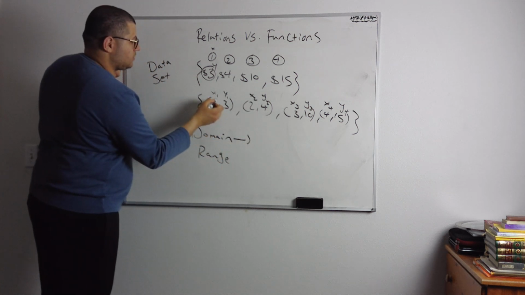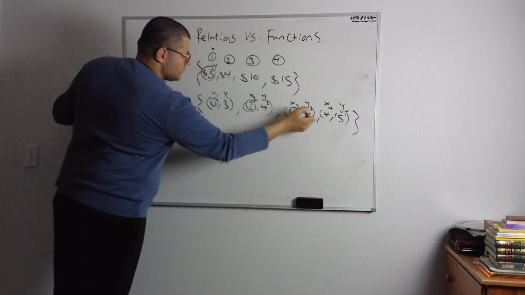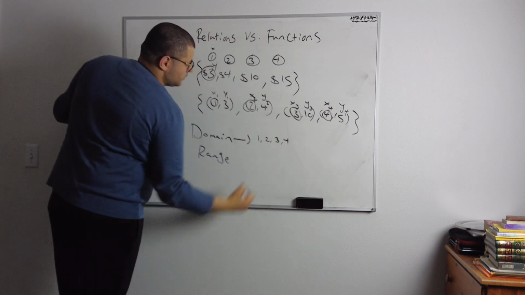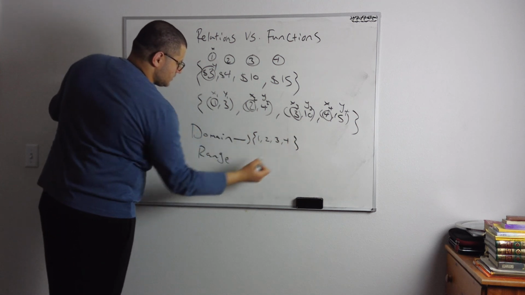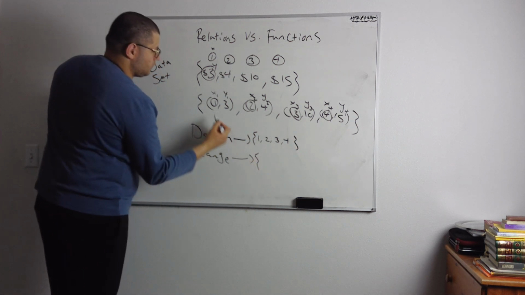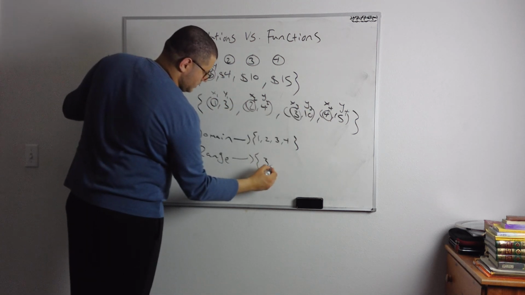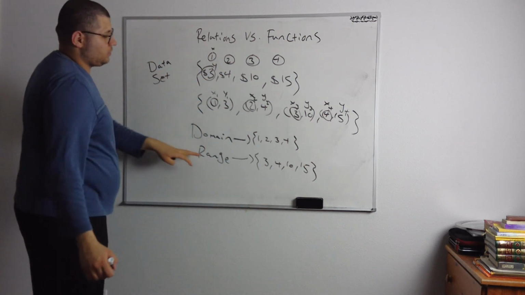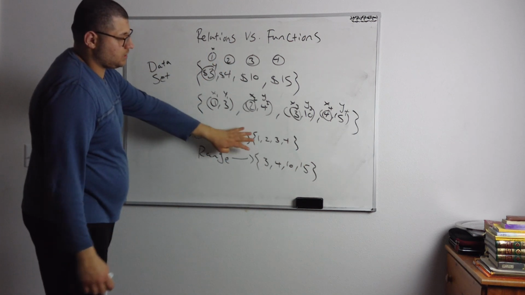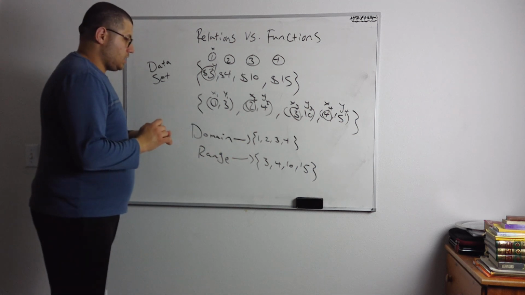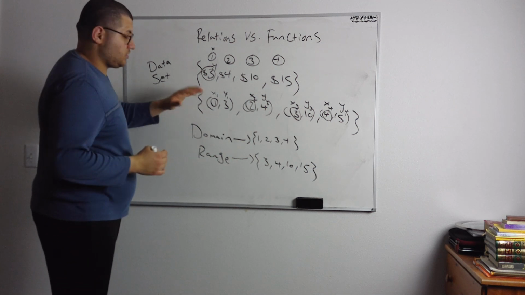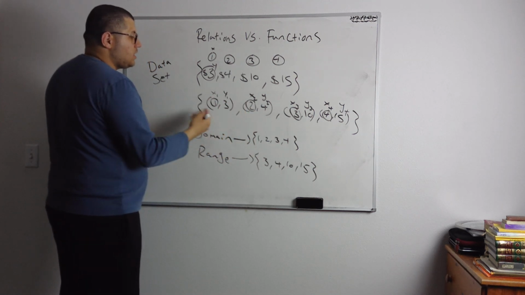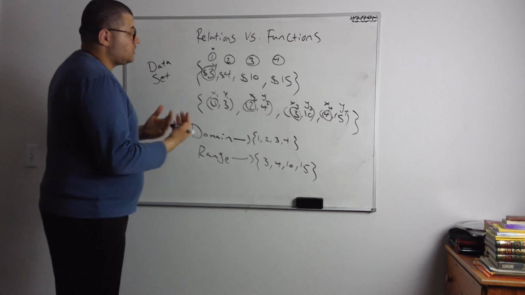In this case, the domain is all the x values: 1, 2, 3, 4. And for y, you have 3, 4, 10, 15. The domain and the range: the x values and the y values. Within the dataset, we call the x values the domain, and we call the y values the range. Just so you know.